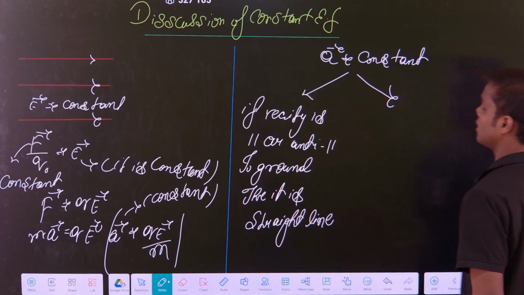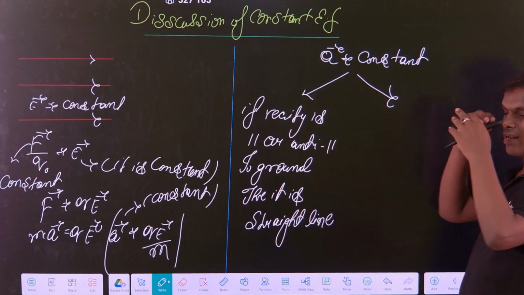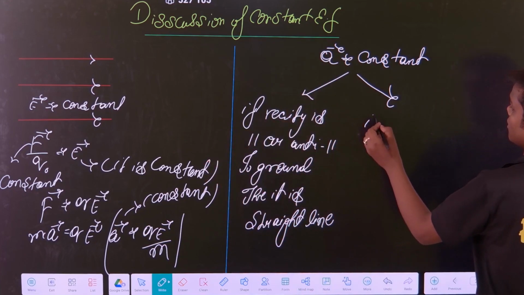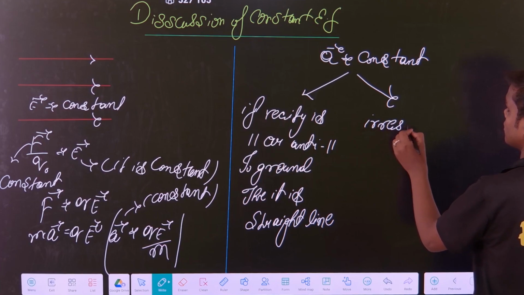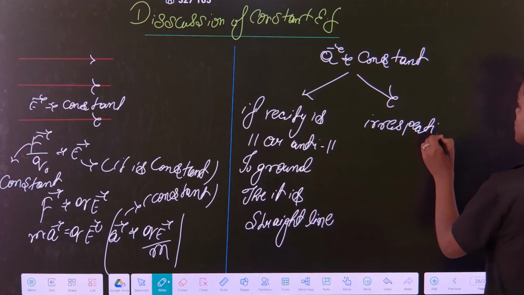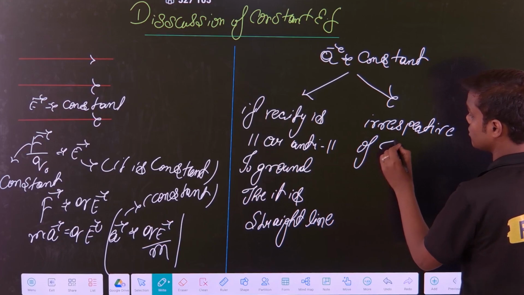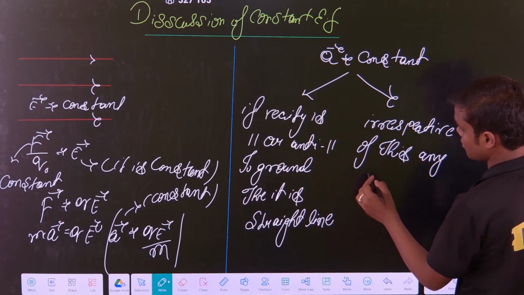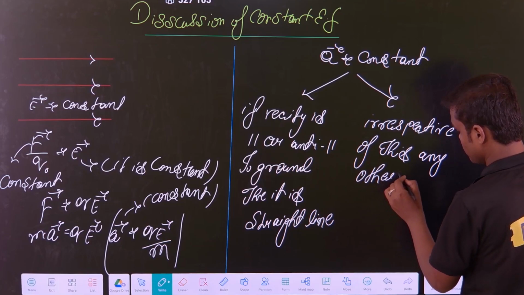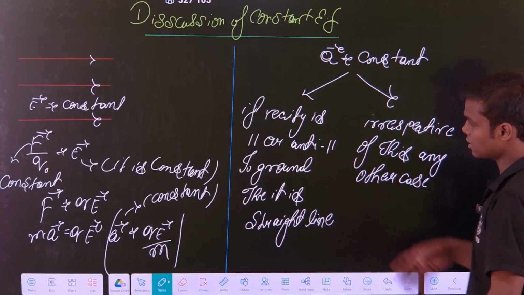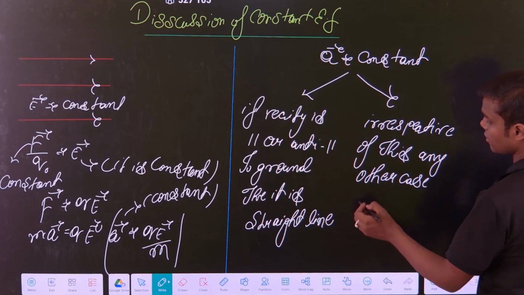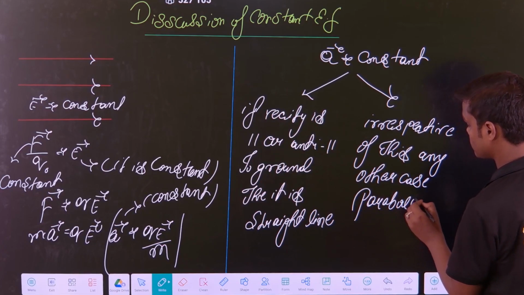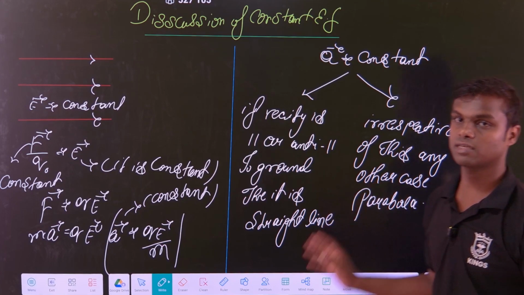And in any other case, if these conditions are not there, then it will always be a parabola. Clear? It will always be a parabola.